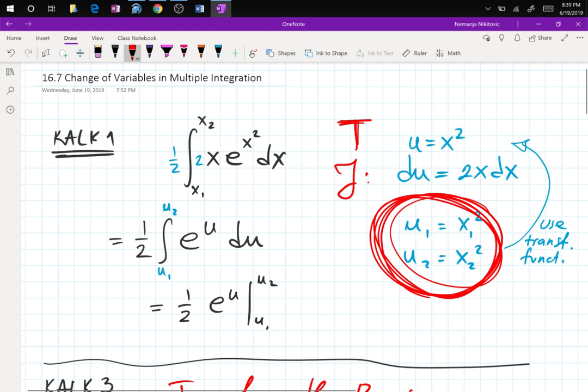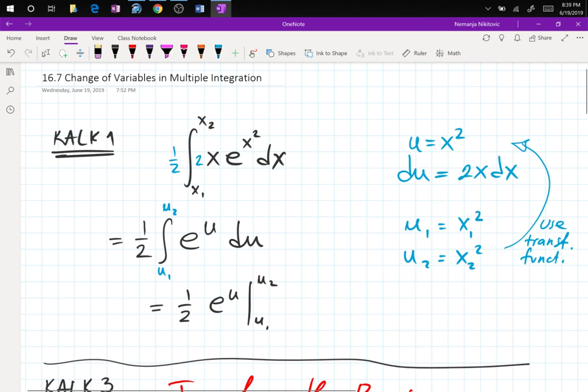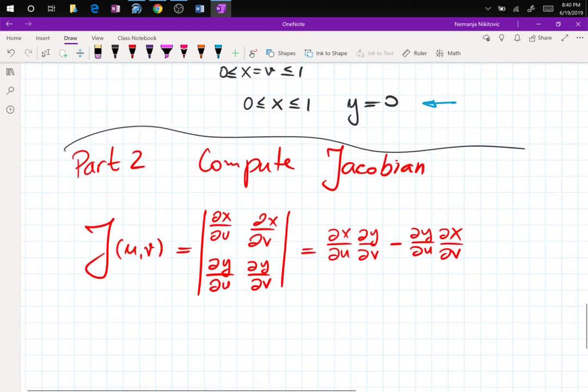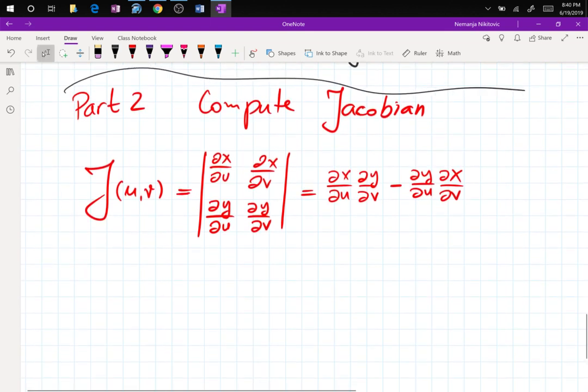But you only had one variable, so you did not have to go through all of these crazy calculations. So your region transformation, your Jacobian, and the transformation itself, which is your U-sub. So your U-sub has all of the features of what we are doing now, except now you're in multidimensional calculus, so you have to spend more time and figure out way more things. So now we know how to compute Jacobian.